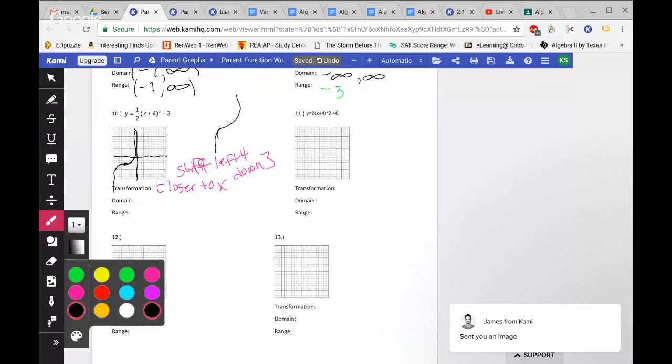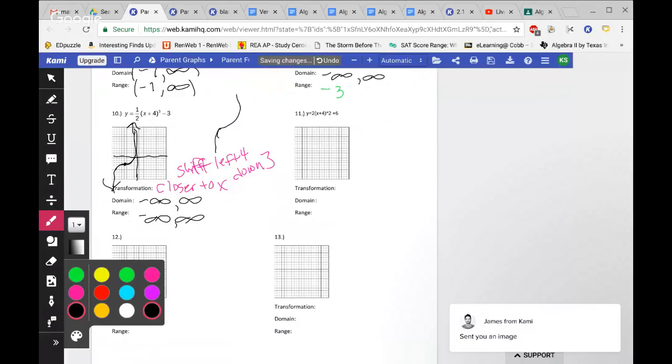Because it's going to rise and fall half as quickly. But your domain and range really don't change because both of these are going to continue on in the same direction forever and ever. And eventually all X's and Y's are going to be a possibility. So the domain and range don't really change on this. It just is that there was a shifting in the graph. Does that make sense? Yeah.